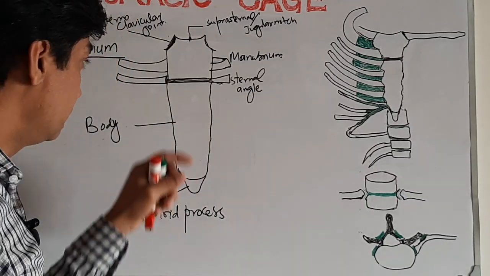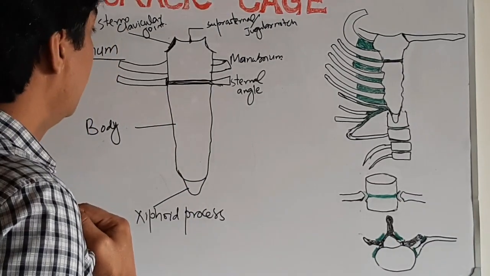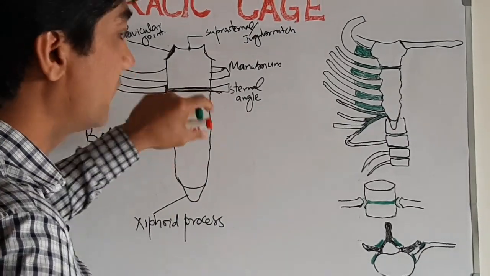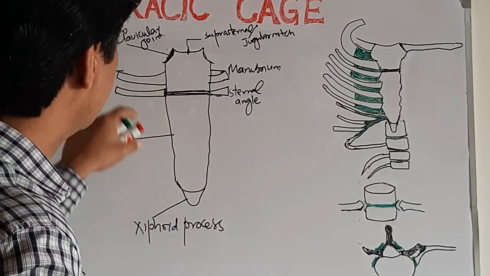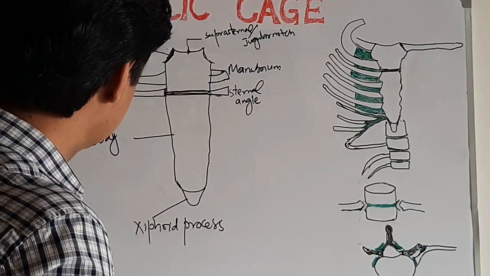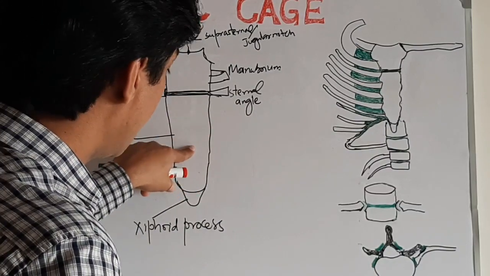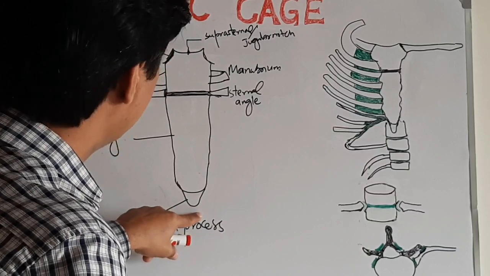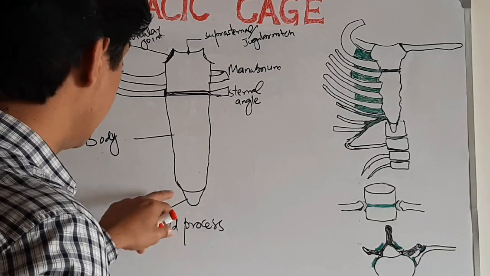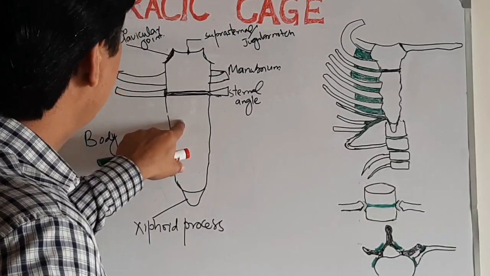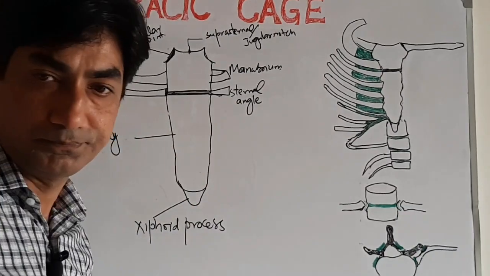You can palpate the sternal angle and feel the attachment of the second ribs, so you can easily count the rest of the ribs. The next portions are the body and the xiphoid process. The xiphoid process is the portion where abdominal muscles are attached. These are the parts of the sternum, and now we can move towards the ribs.